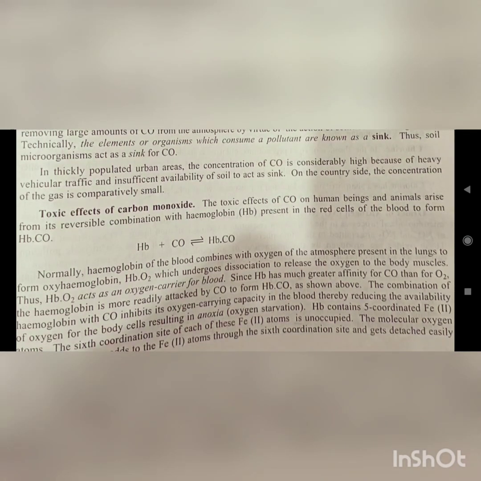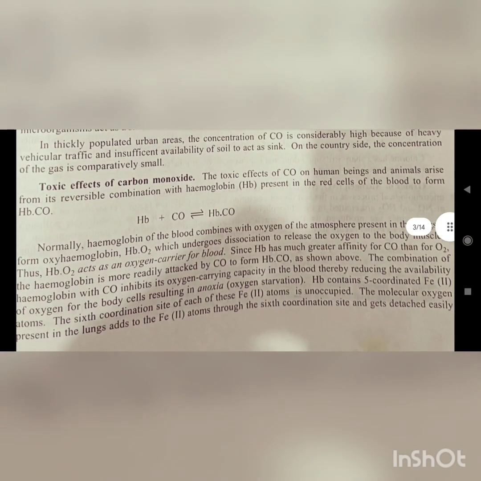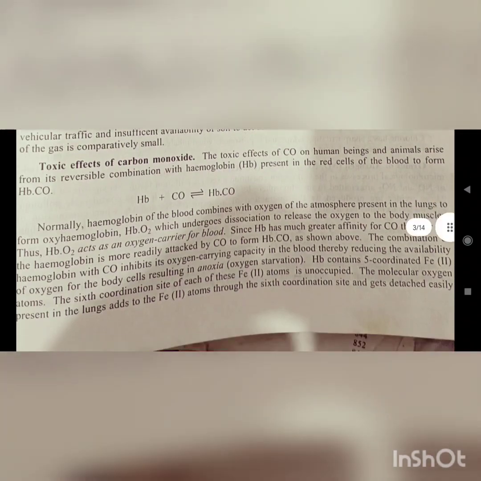Toxic effects of carbon monoxide. The toxic effects of carbon monoxide on human beings and animals arise from the reversible combination with hemoglobin present in the red blood cell to form carboxyhemoglobin: Hb plus CO forms HbCO.